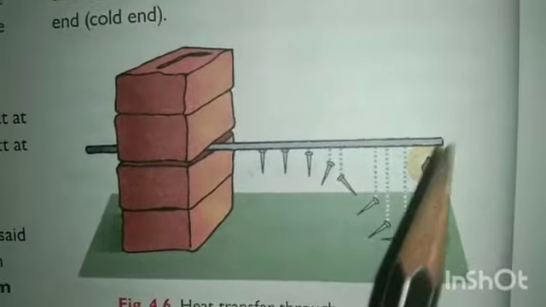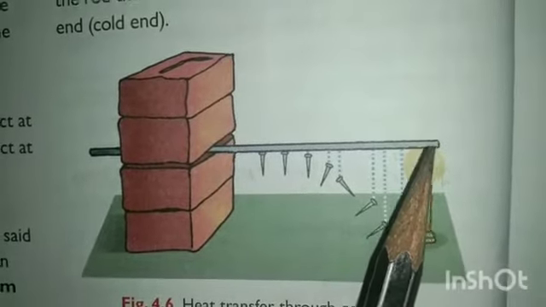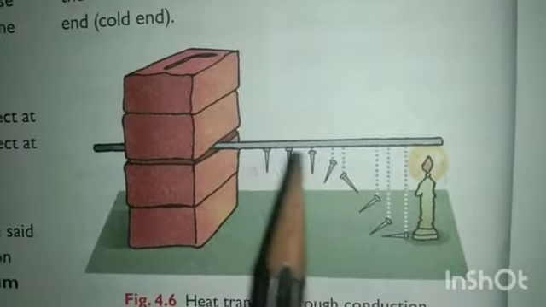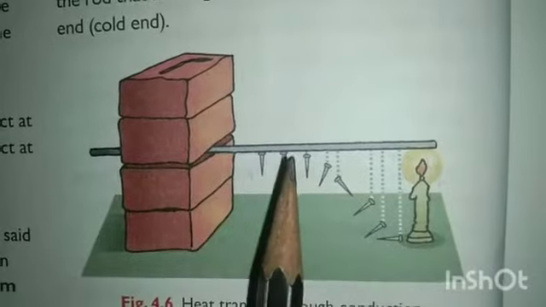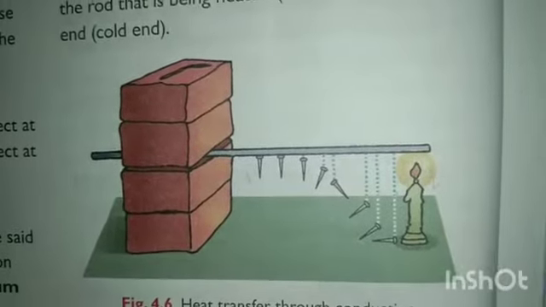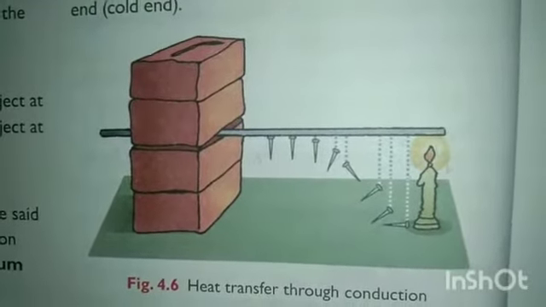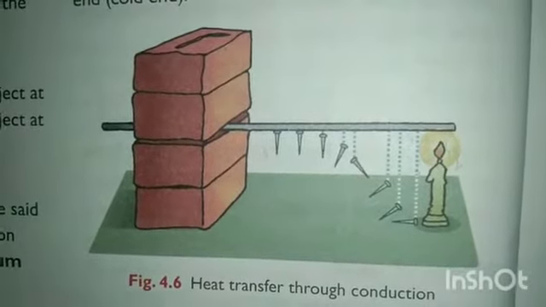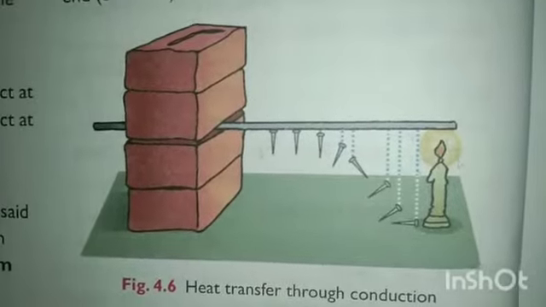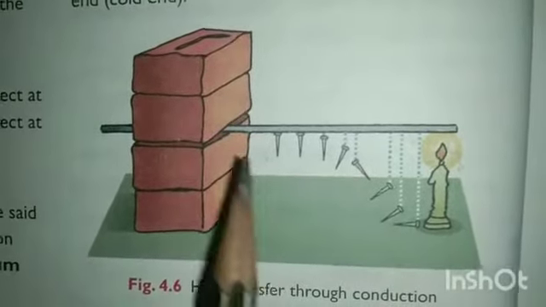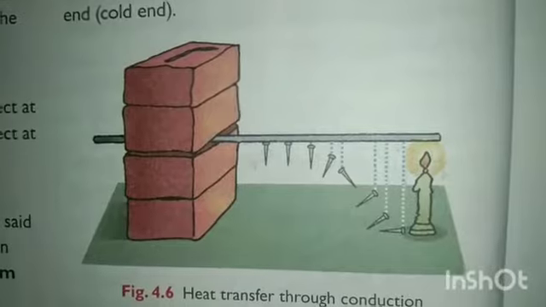But when the heat transfers to this metal, from here to here the heat is transferred, that's why these nails or pins fall off. So conduction of heat also takes place when two bodies at different temperatures are brought in contact. So here we have two bodies at different temperatures.